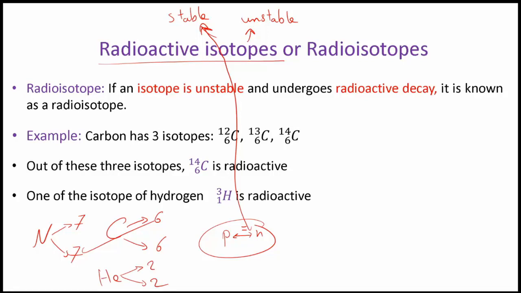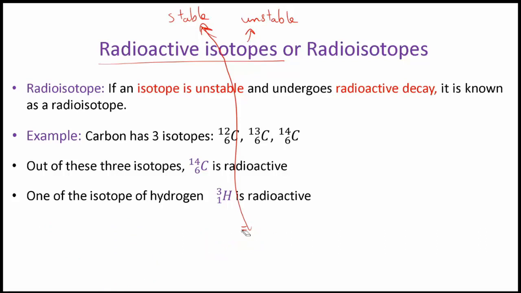But when there is a big difference between both, the element tends to be unstable. When it reaches a certain limit, the nucleus becomes unstable, and it's called a radioisotope or radioactive isotope. The radioactive isotope is an unstable isotope which undergoes a radioactive decay.